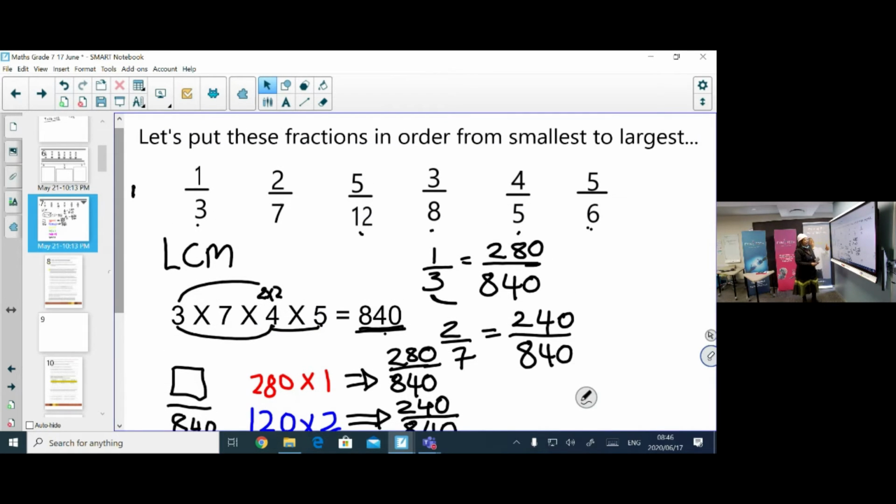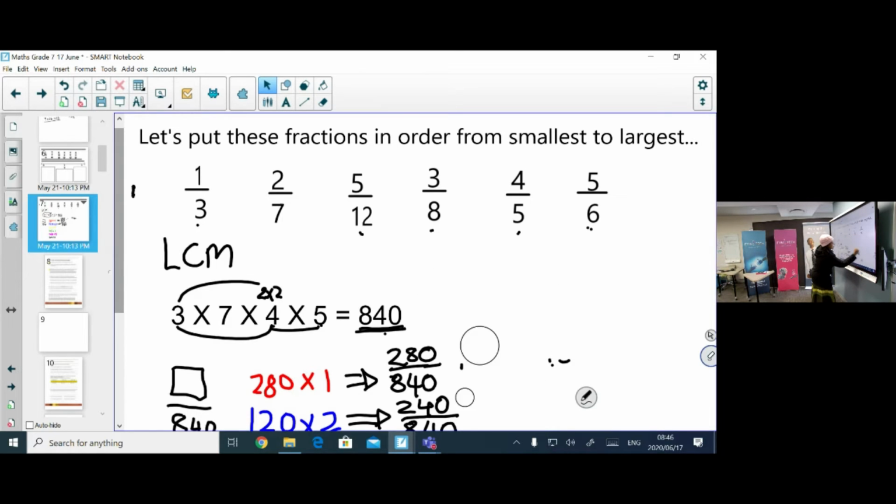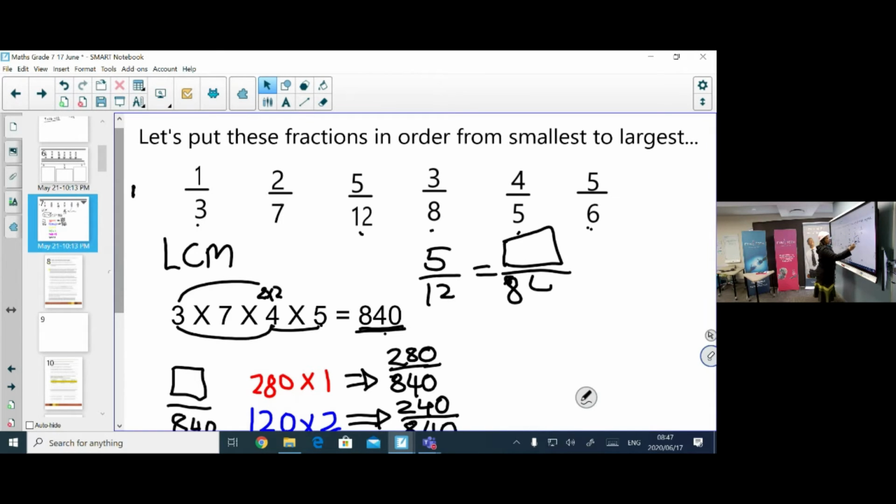The next one. Let me erase here so that we have a space. The third one is 5 over 12 is equal to how much over 840.